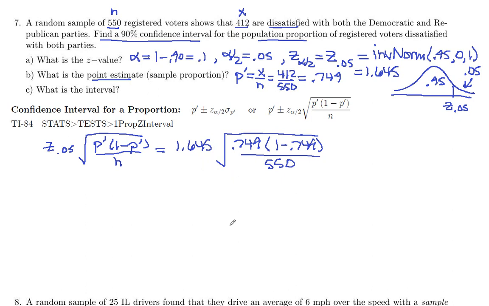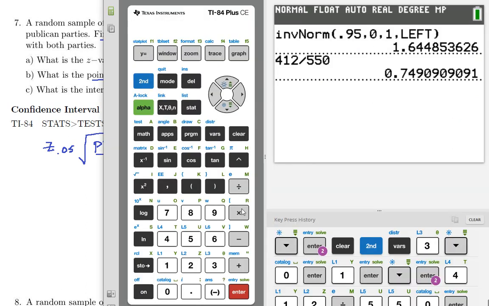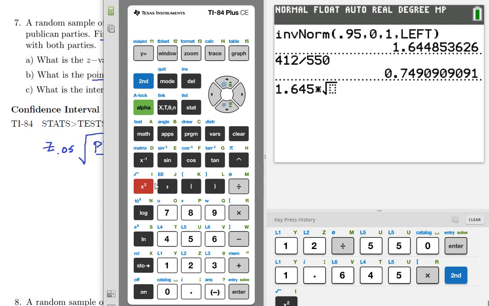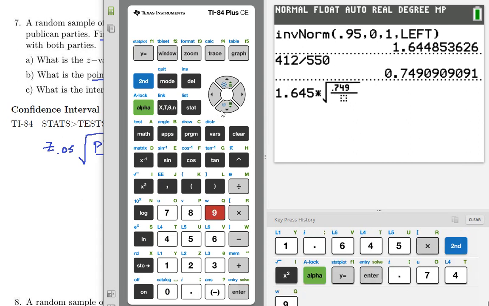Let's compute this on the calculator. 1.645 times, and we need a square root in there. I'm going to do a horizontal fraction, alpha y equal enter. On the top, we've got 0.749 times parentheses 1 minus 0.749.